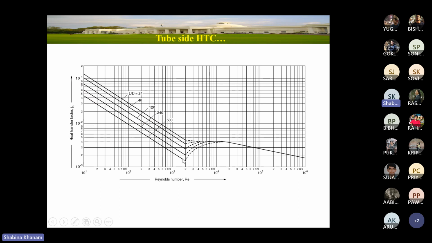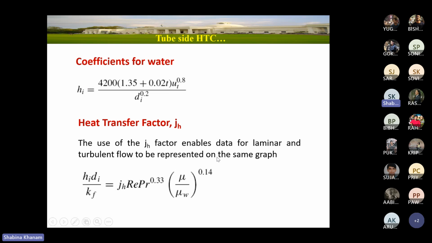Depending upon this Reynolds number, you can find this JH value. Once I have this JH value, you can use this graph, which gives the Nusselt number, so you can directly calculate hi from here.